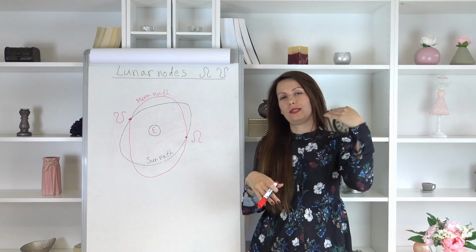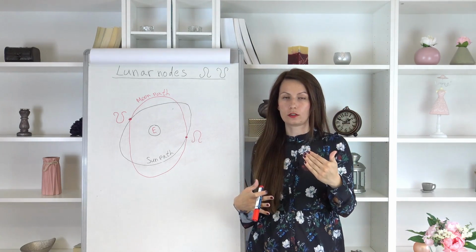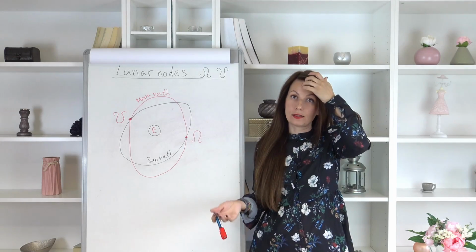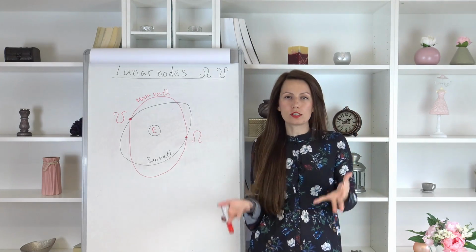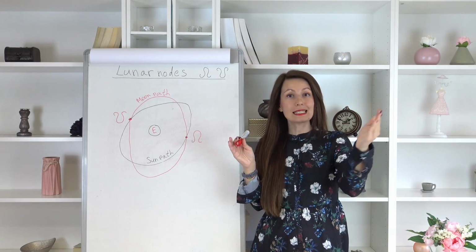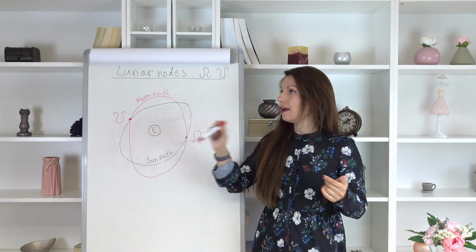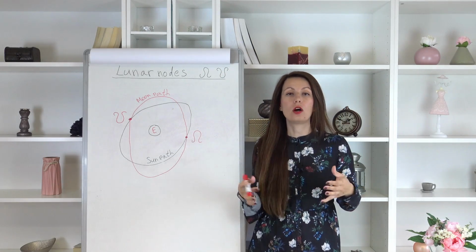We know that the sun looks like it's moving around the earth. In reality, it's the other way around. The earth is moving around the sun, but from our perspective here on the earth, it looks like the sun is moving around us. And this path through which the sun is moving is called the ecliptic.